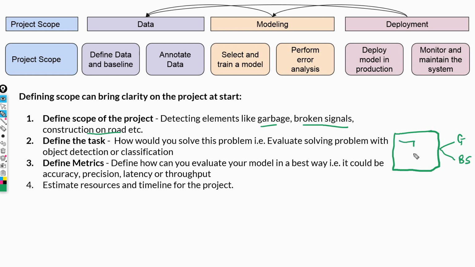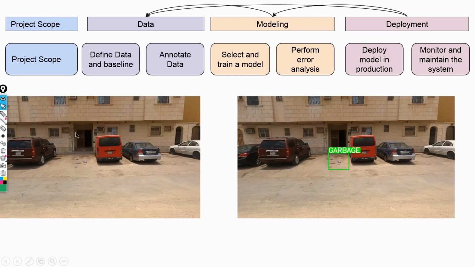Then you would do object detection, where you create bounding boxes and label this is garbage or a broken signal. So imagine you have a dataset like this, and once you identify an object, considering we are going through an object detection problem, you would create a bounding box here, as shown.